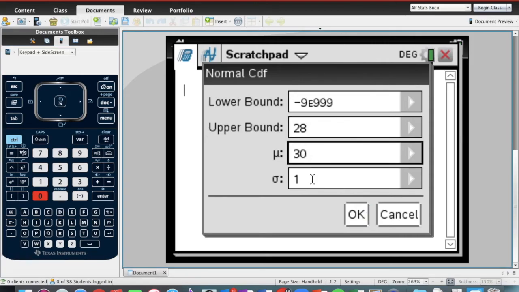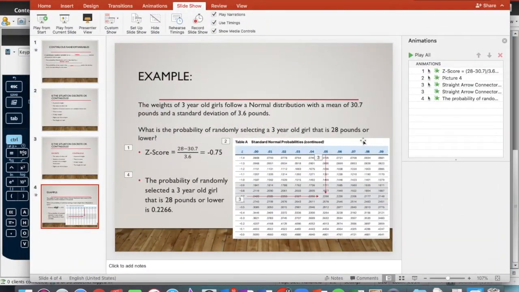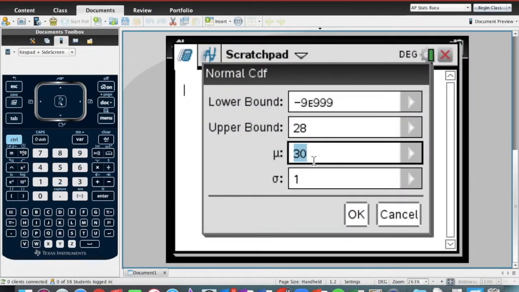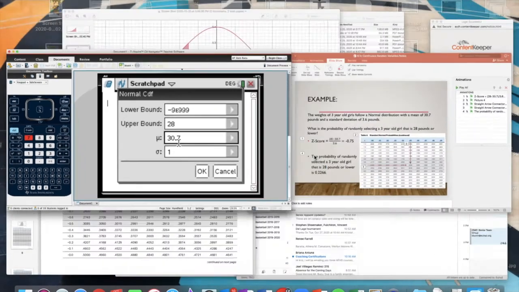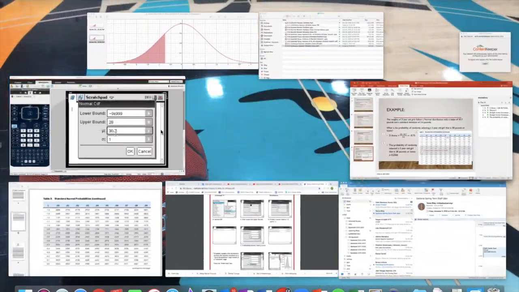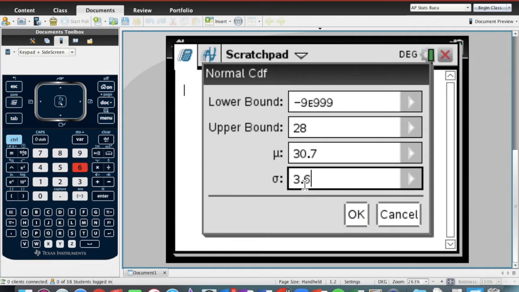Change the mean and change the standard deviation to the problem standard deviation. So this was the x value in question. This was the mean of the problem and the standard deviation of the problem.